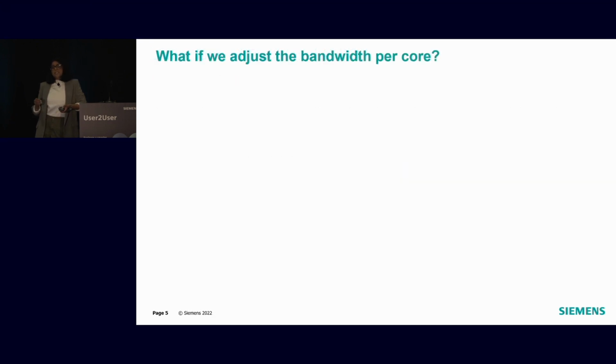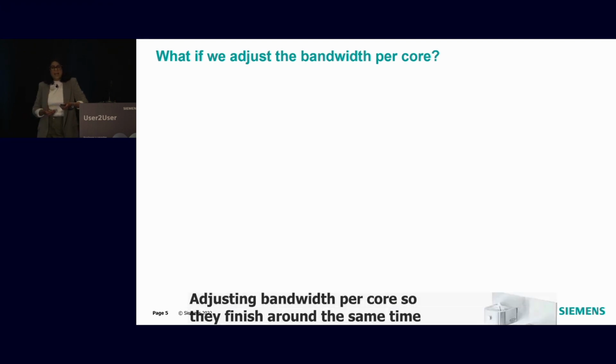Now, in order to understand how I can make this packet size smaller, if you remember the first diagram wherein I showed you wasted orange cycles, if I can start giving more bits to the core which needs more time for testing, and give fewer bits to the cores which do not need a lot of time to finish their test, I'll be able to bring down the packet size.